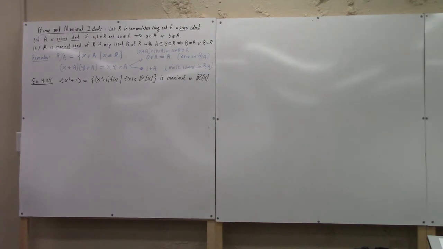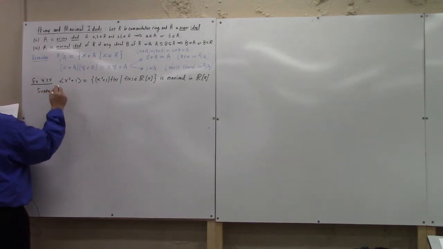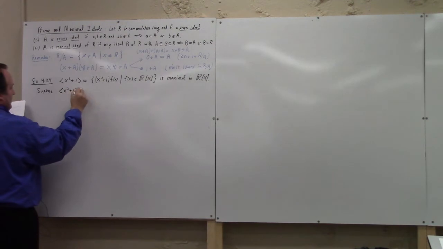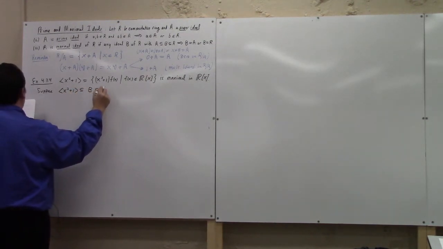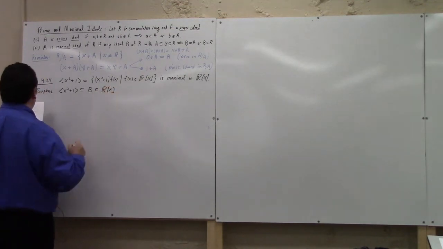So suppose that the ideal generated by x squared plus 1 is a subset of, let's say, B. I'm changing my notation. My notes, unfortunately, use A instead of B here, which I think is a very unfortunate notational snafu.